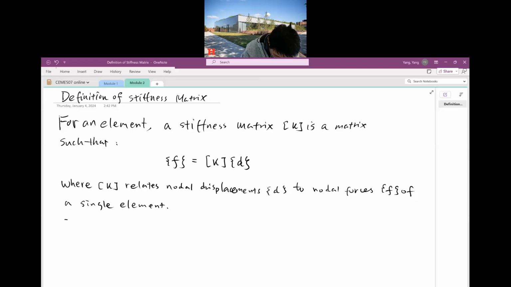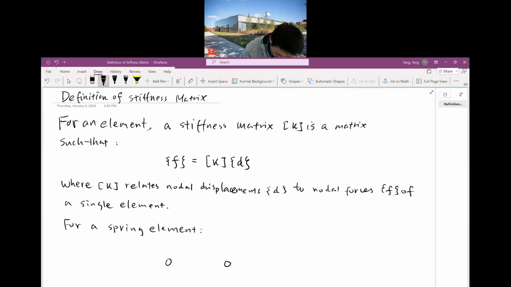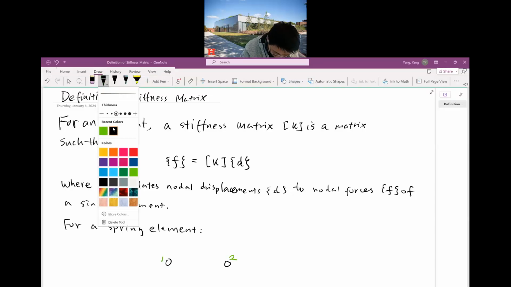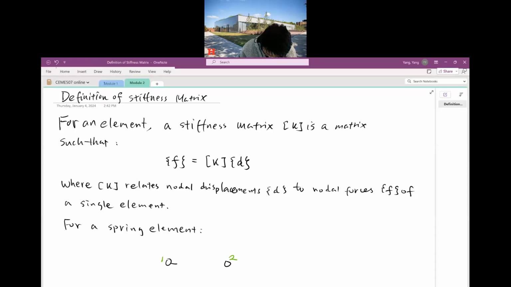So for a spring element, for example, we use two nodes. We have node one and node two here to describe a spring. Between the two nodes, we have the spring here.